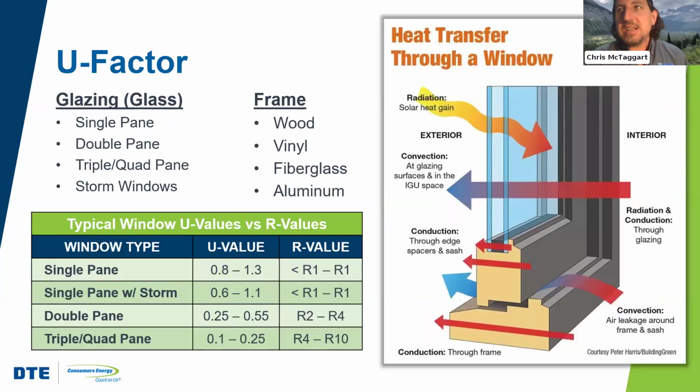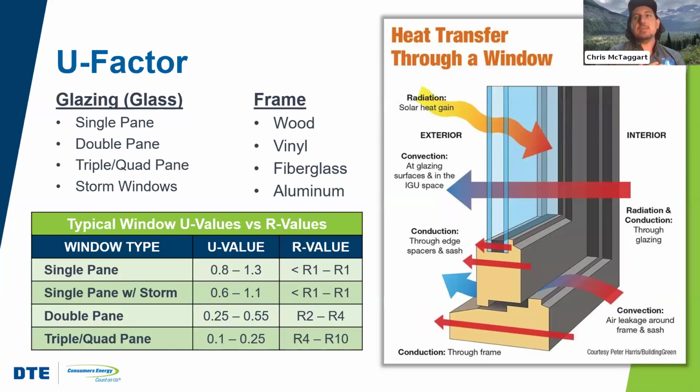And so continuing on with U factor, how many panes of glass do we have? Single, double, quad? Is it a single pane with a storm window, which essentially acts as a double pane window? What's the frame? Wood, vinyl, fiberglass, aluminum. These are all typical. You can also have straight metal windows. Not too common around these parts, but in a lot of existing homes, like my home had some steel single pane windows.